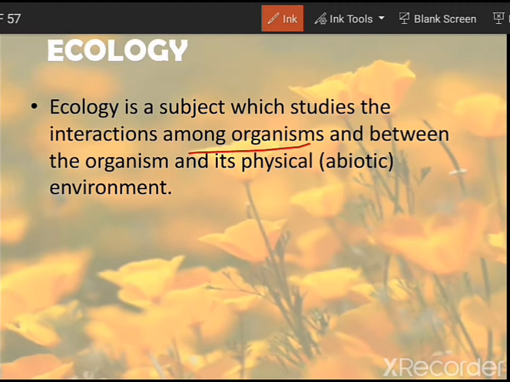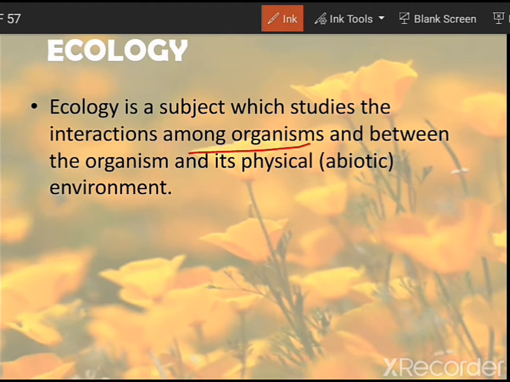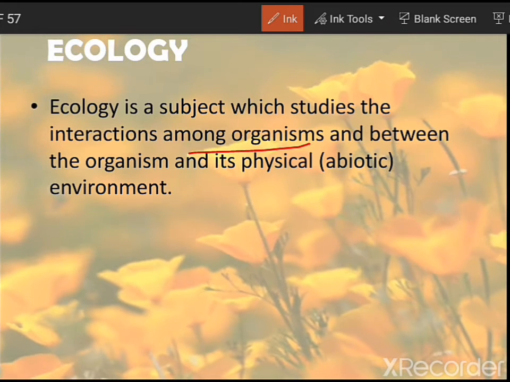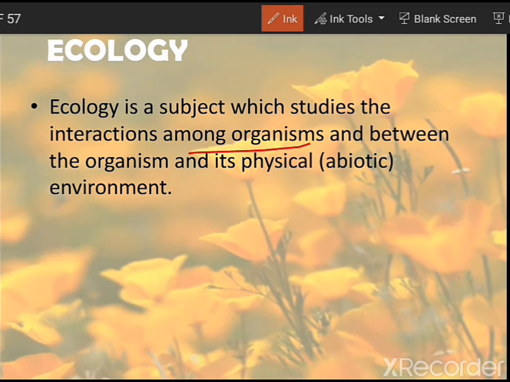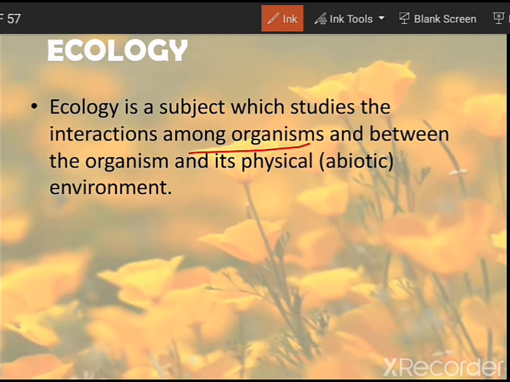So it can be an interaction between one organism and another organism belonging to the same species, or it could be between an organism and another organism of a different species, or it could be between an organism and its physical environment. Physical environment is the environment in which that particular organism lives. That is known as the abiotic environment.